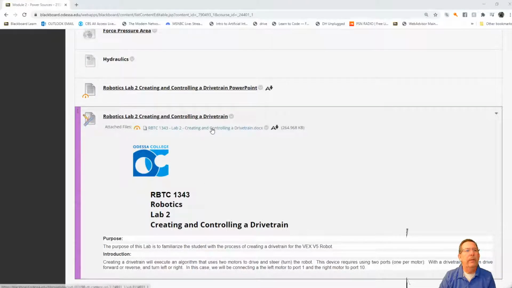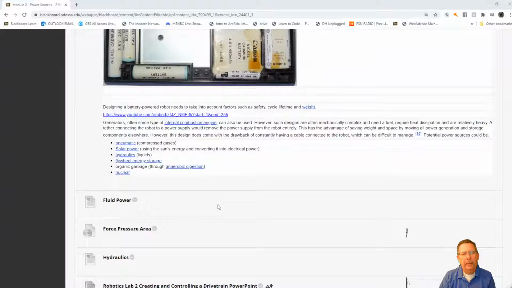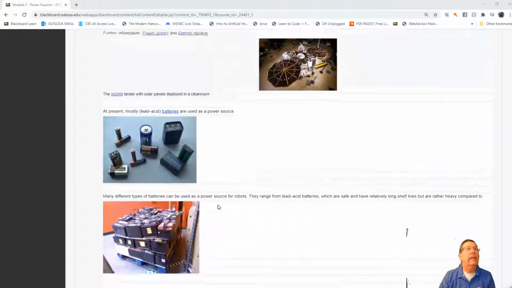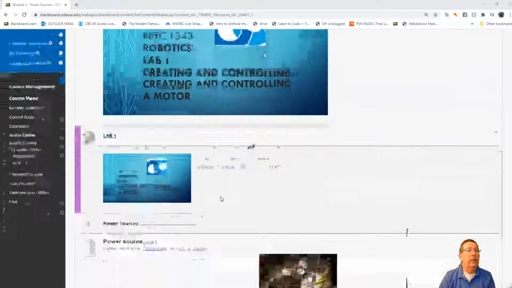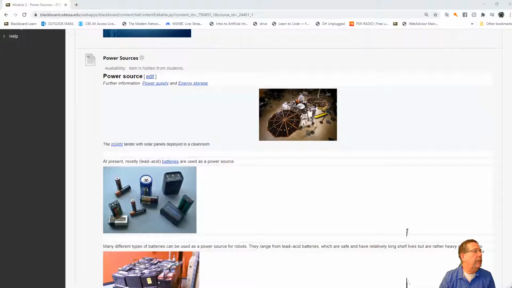That's right, we created the drivetrain last time. So those that weren't here last session need to create the drivetrain. Enrique says he is here. Okay, good deal. Let me go ahead and take care of Enrique real quick, and then I'll get started.